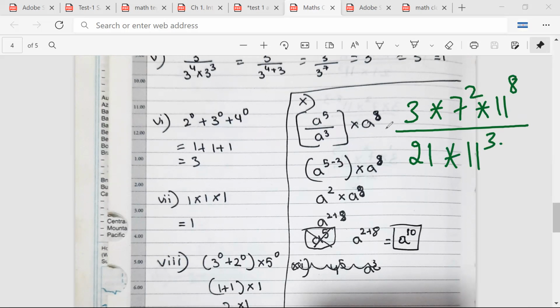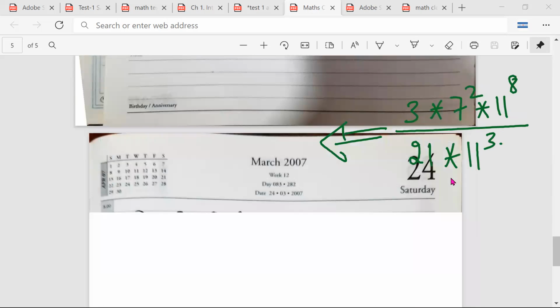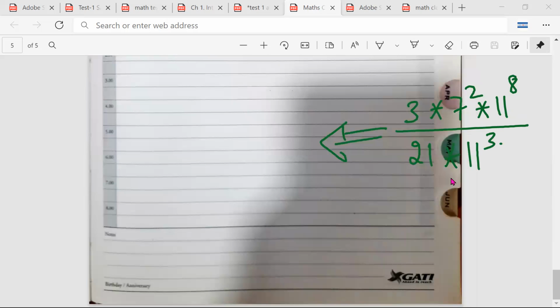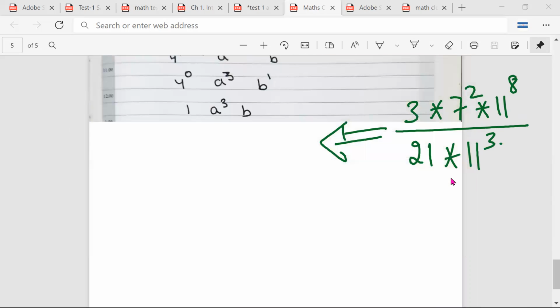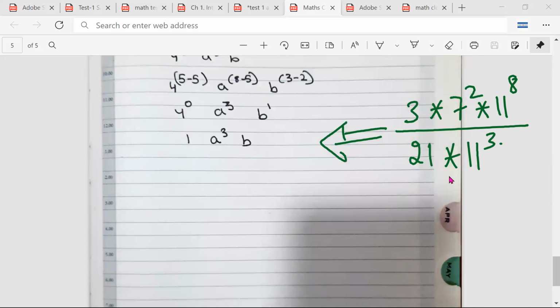Sir, I think I've done this. It's on the next page. No, no, I've not done it. So should we discuss this also? So Sanvi, how can I do this?